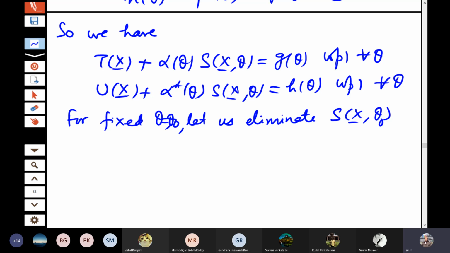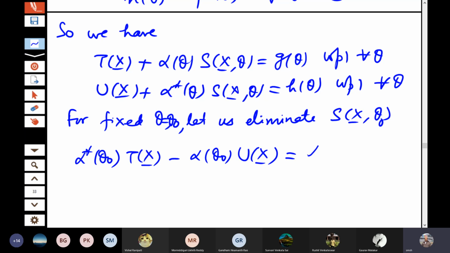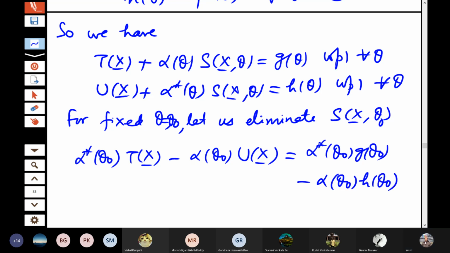If we eliminate, that means I multiply this by alpha star theta naught: alpha star theta naught T_X minus alpha theta naught U_X is equal to alpha star theta naught g theta naught minus alpha theta naught h theta naught, with probability 1.